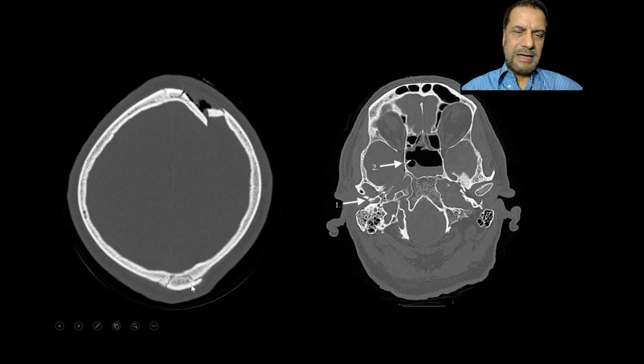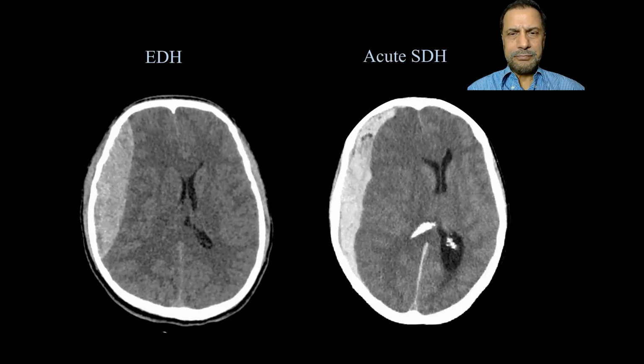This person has an impact in two places here, in the frontal and occipital areas. In the skull base also, you can very nicely appreciate the fractures. So bone window is pretty important when you ask for a head injury patient CT.